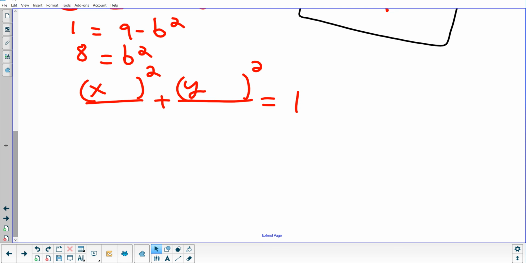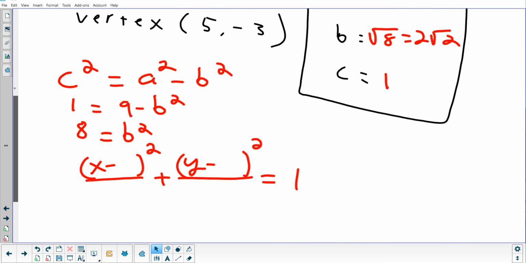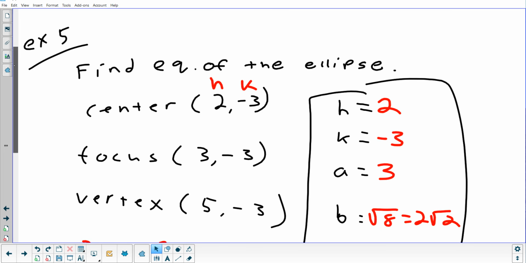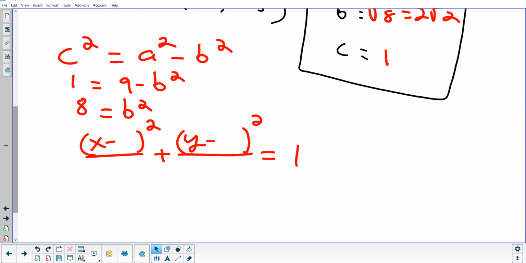But because we shifted it, we have to do minus h and minus k. So after the minus sign would be x. Yep, so you're going to have x minus 2. You're going to be a little careful.